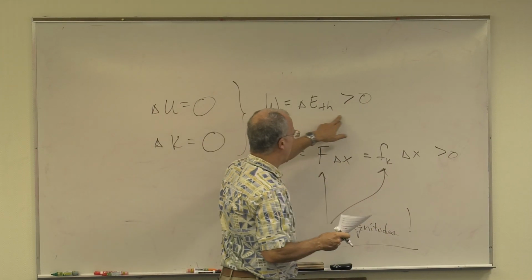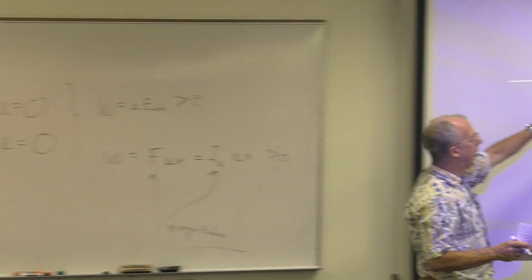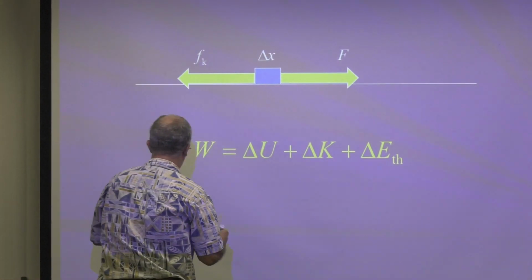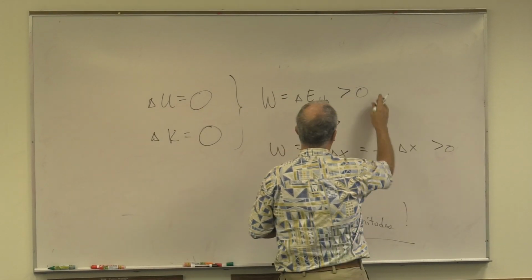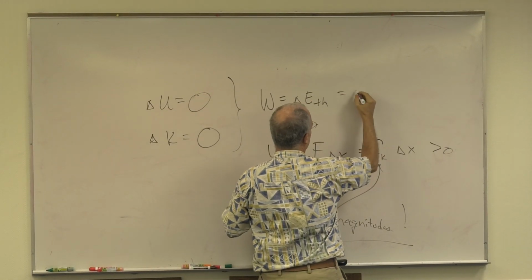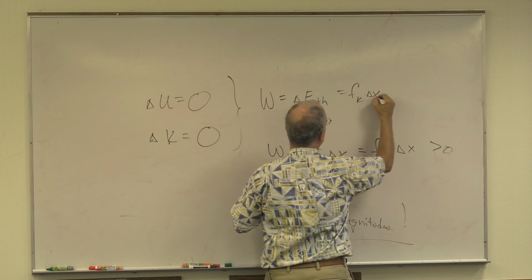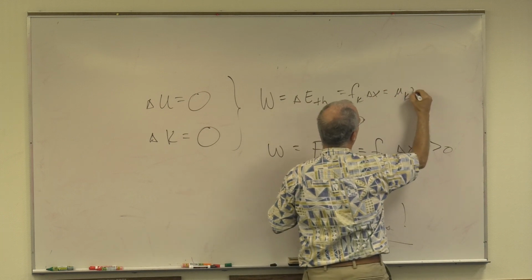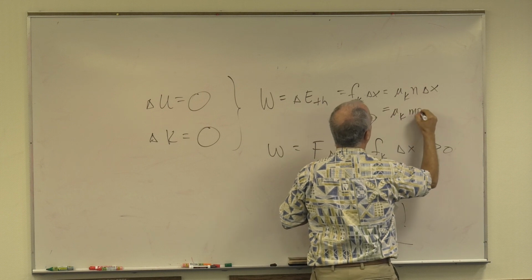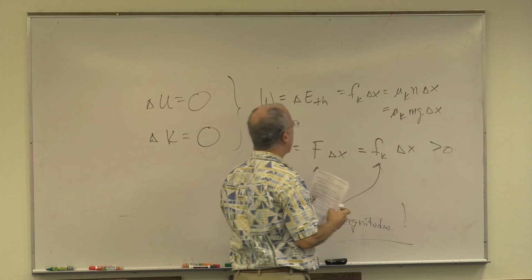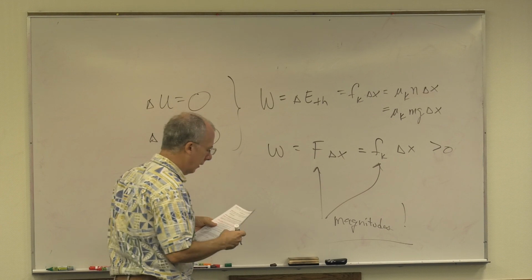And so the delta E therm is positive because the floor gets hotter and the box gets hotter. And if we wanted to calculate that more, it's Fk delta x, so it's mu k normal delta x, which is mu k mg delta x. So we can calculate these delta E therms, that's all I'm trying to say.